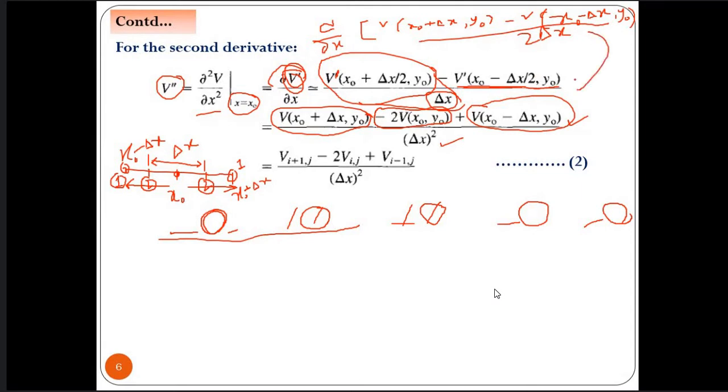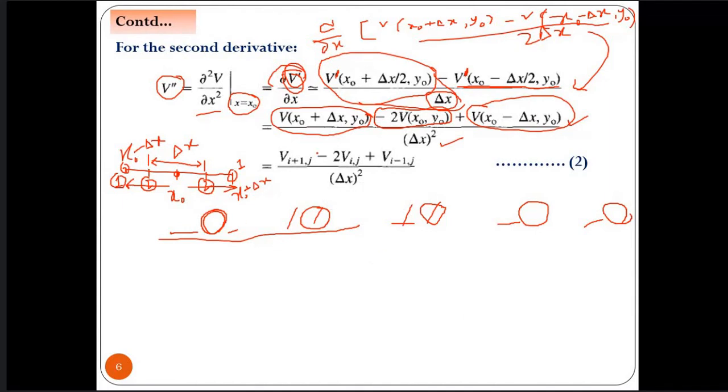Then you will get that equation. That's why it is not directly v, rather it is v dash of this. If you have more doubt, you can go through the basic definition of derivative, then I think it will be clear to you.